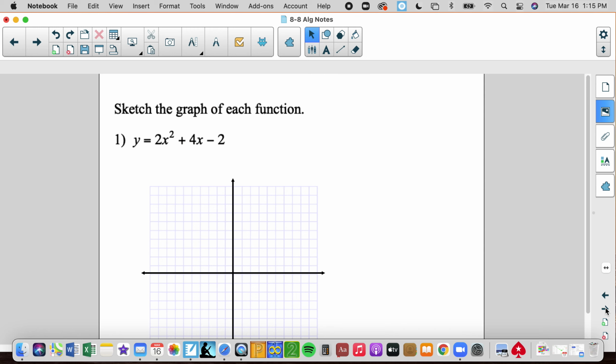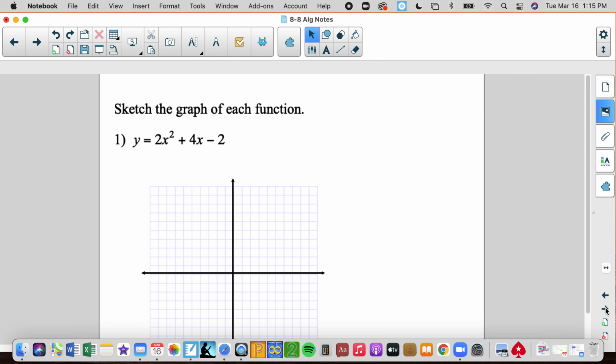So let's take this. I want you to do this one. First of all, you want to find the axis of symmetry. Then you want to find the vertex. Then you want to plot the y-intercept. Then you want to graph the y-intercept mirror point.